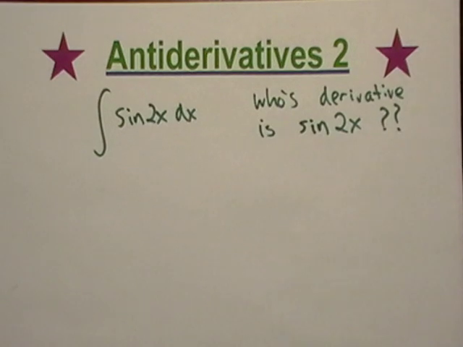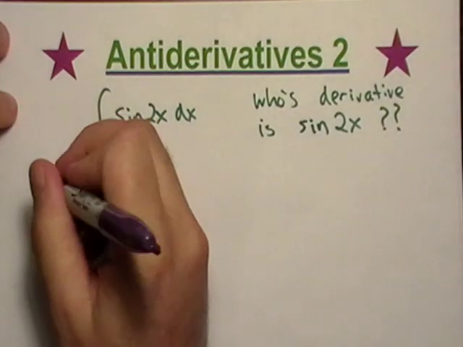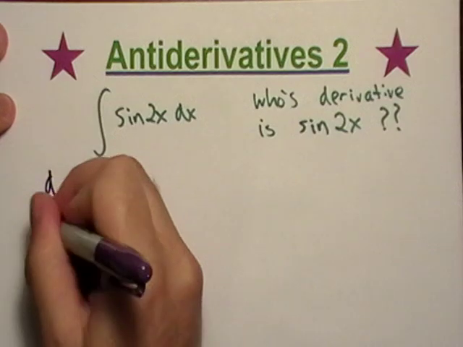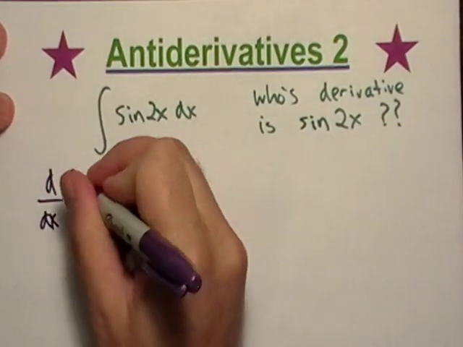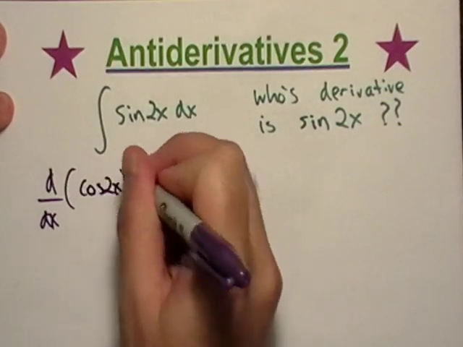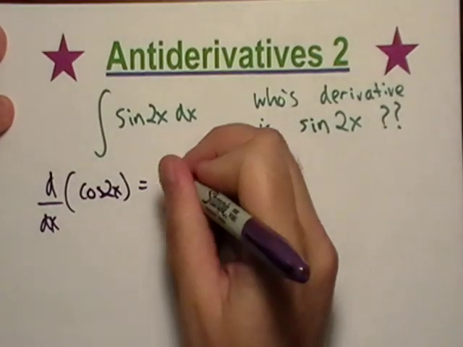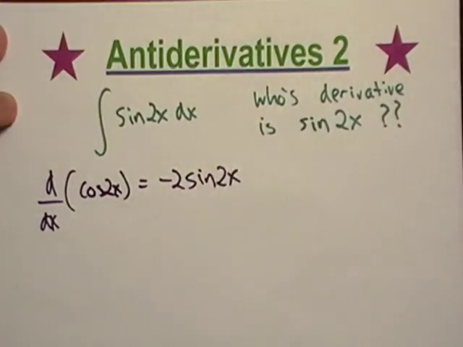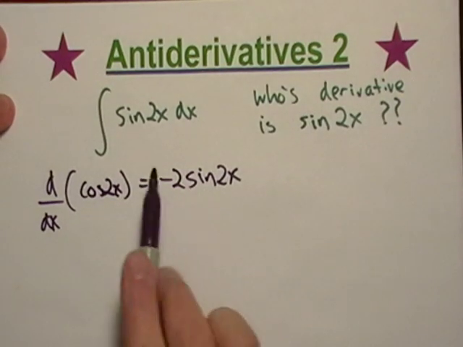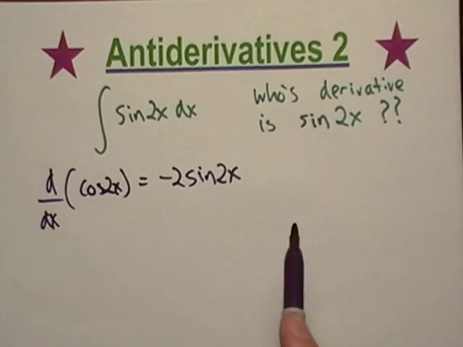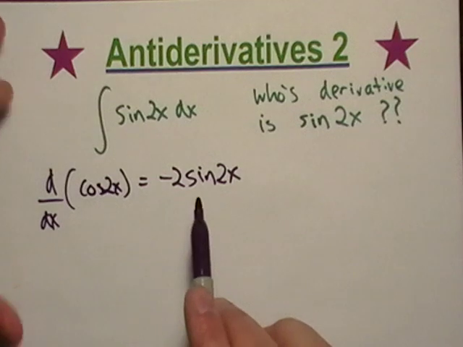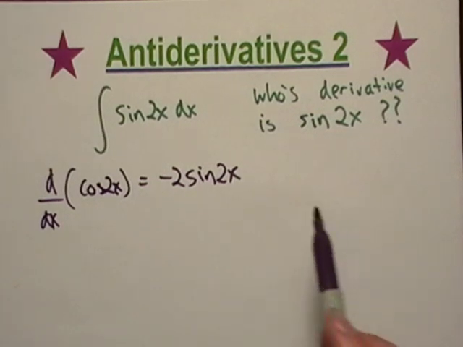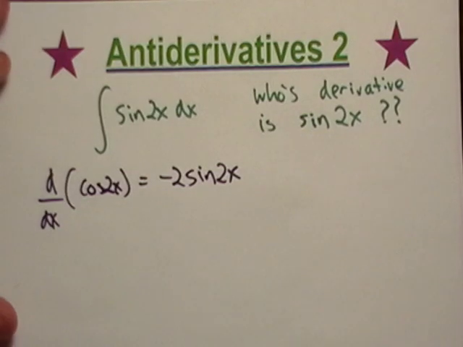Here's what I would ask myself. If I take the derivative of cosine of 2x, what do I get? I get negative 2 sine of 2x, which is close, except for this negative 2. If I can make that go away somehow, I would have sine 2x.